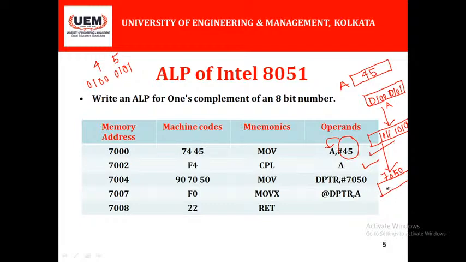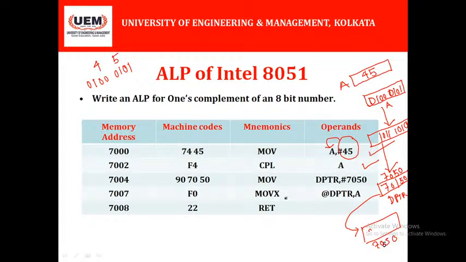MOV DPTR, that means the DPTR is now loaded with 7050. DPTR is loaded with 7050. That means DPTR is pointing to the location 7050.